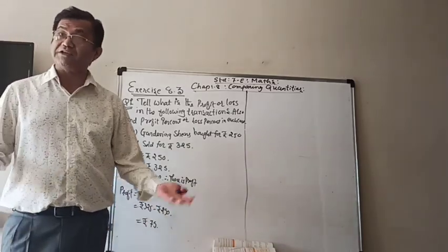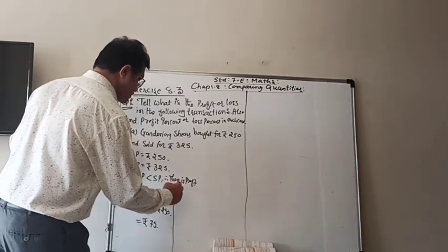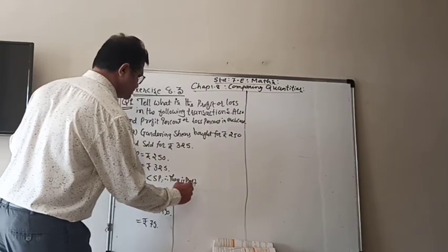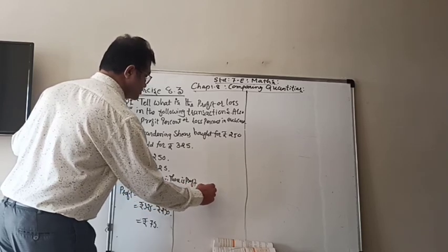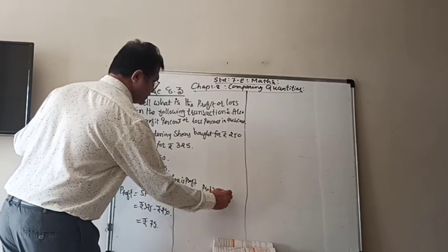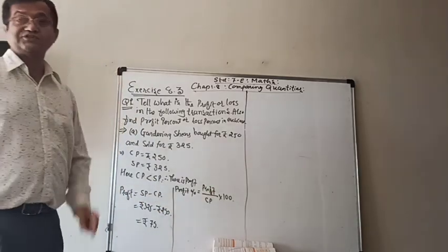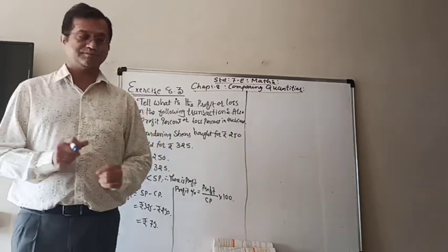But now we have to find the profit percent also. We know that profit percent is profit divided by CP multiplied by 100. We already wrote down this formula. Always percent is counted on the CP.